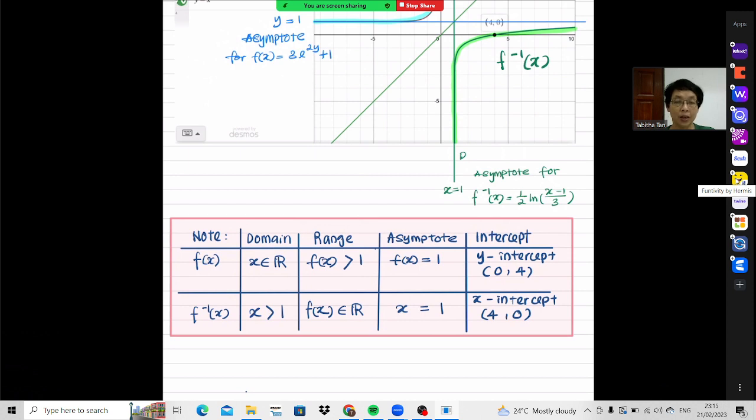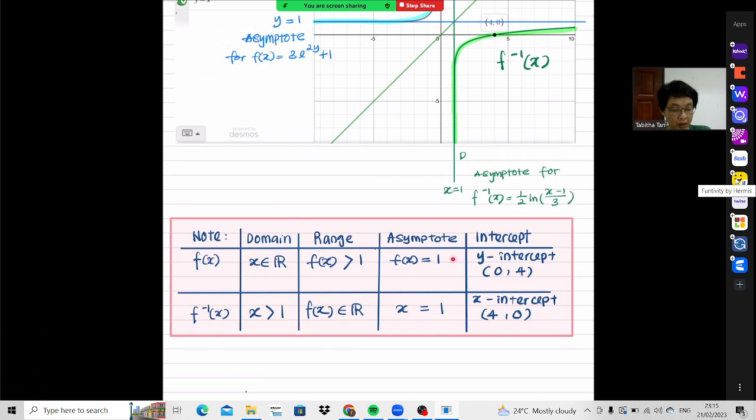Let's recap the interesting facts. The domain of the function, all real values, has now appeared in the range of the inverse. How about the range of the function? It has now become the domain of the inverse. Opposite again.